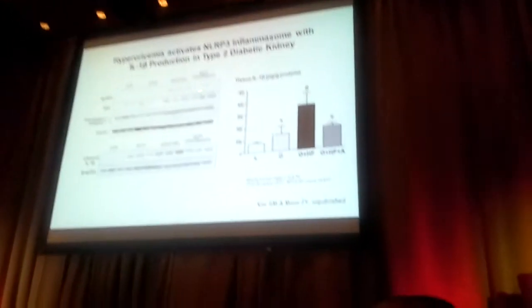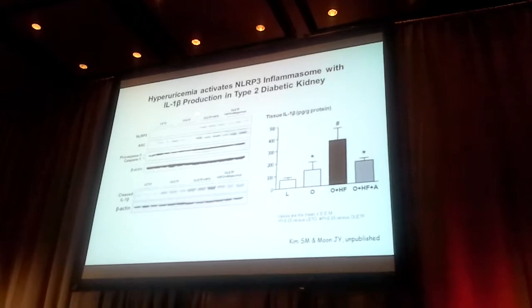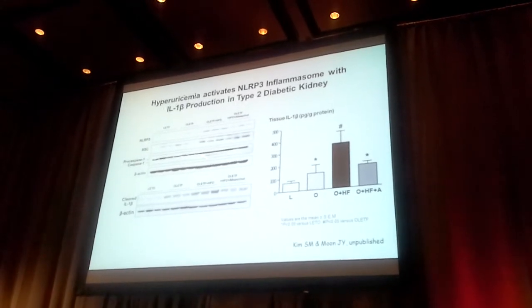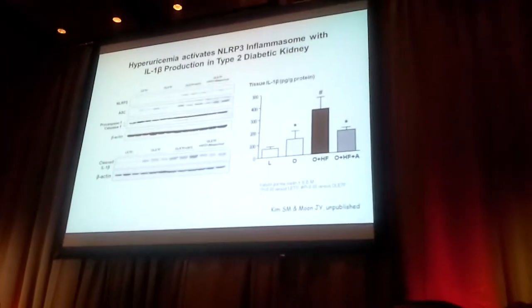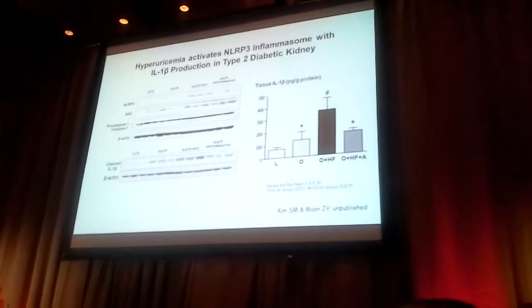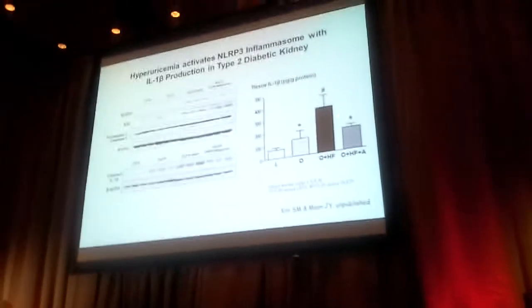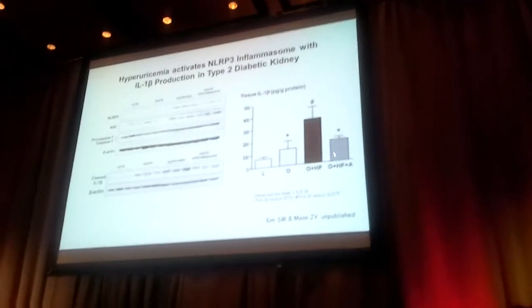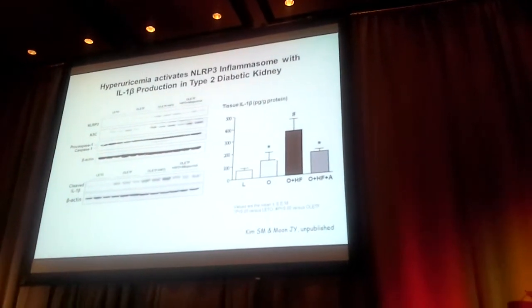And it's very interesting. In this OLETF high fructose diet rat, there is an increase in NLRP3 and ASC, and you can see the activated caspase band here, which were all ameliorated with allopurinol treatment. And the kidney tissue IL-1 beta concentration was significantly increased, which was also alleviated with allopurinol. In the OLETF rat, there is also some increase in IL-1 level.